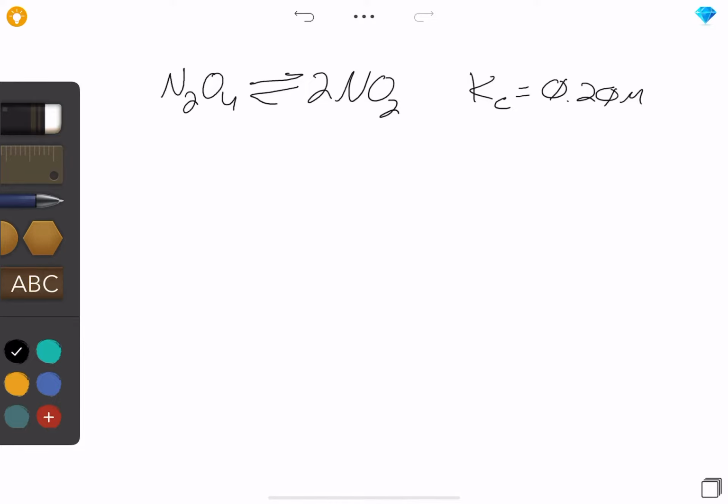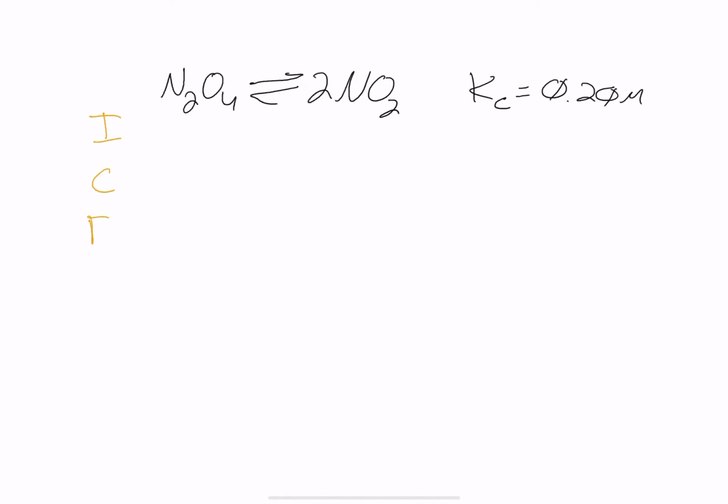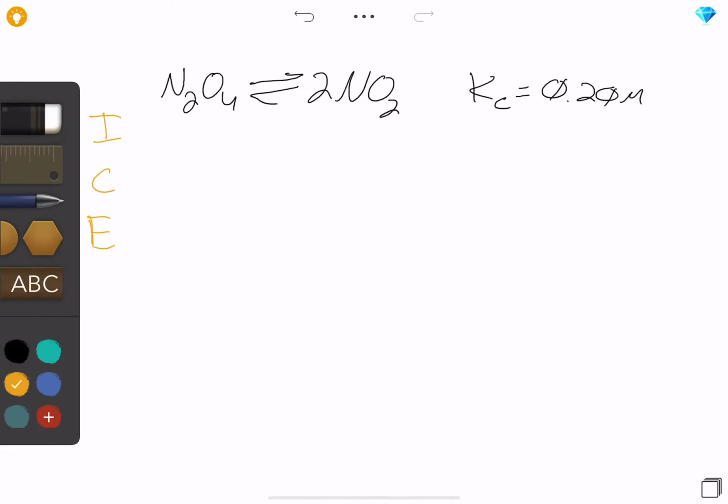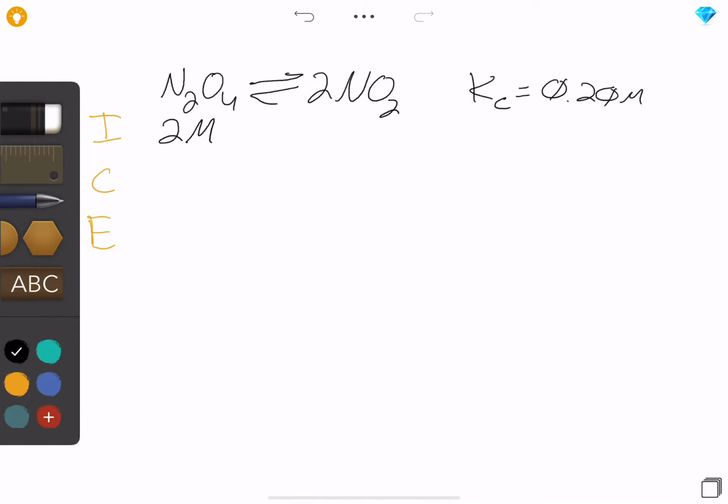It's saying that we are injecting 2 moles of N2O4 into a 1 liter reaction container. Therefore, our concentration is going to be 2 molar, right? It's 2 moles over 1 liter, easy enough. And this is at 100 degrees Celsius.